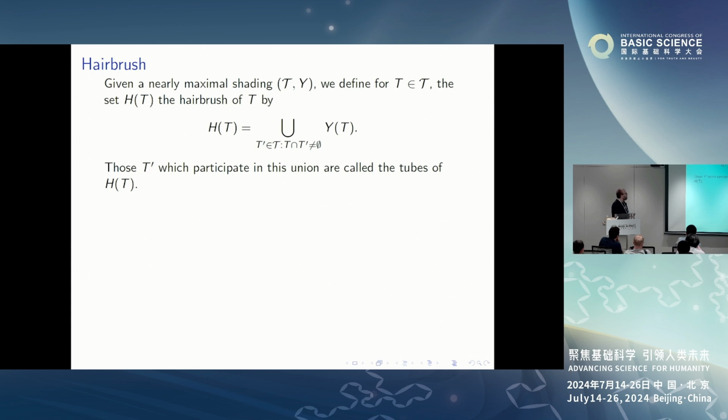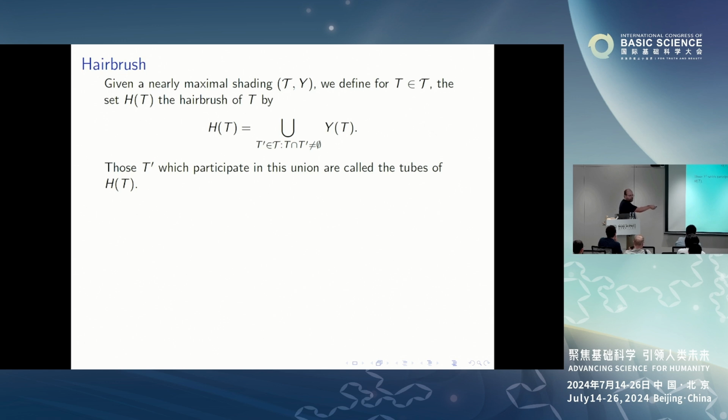So given nearly maximal shading, we define for each tube, there's a misprint here, the hairbrush of T, which is the union over T prime that intersect T, and this should have said Y of T prime.